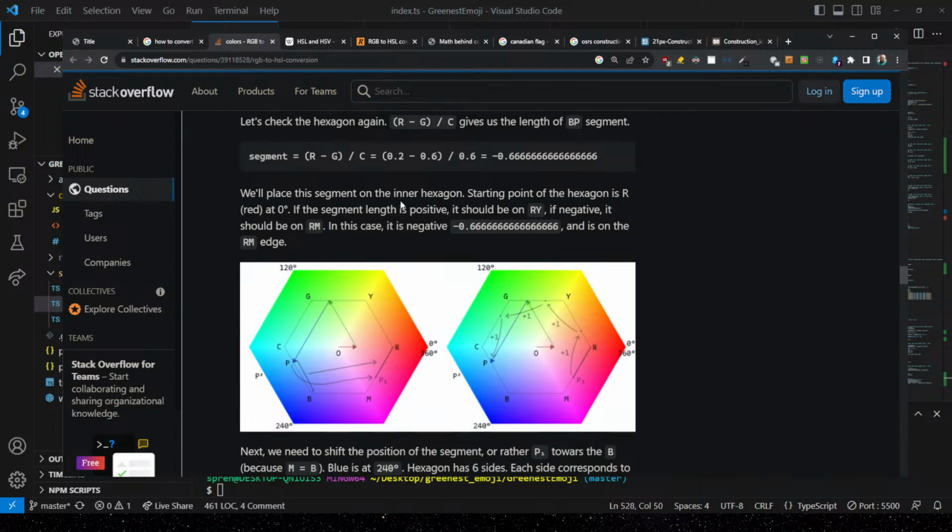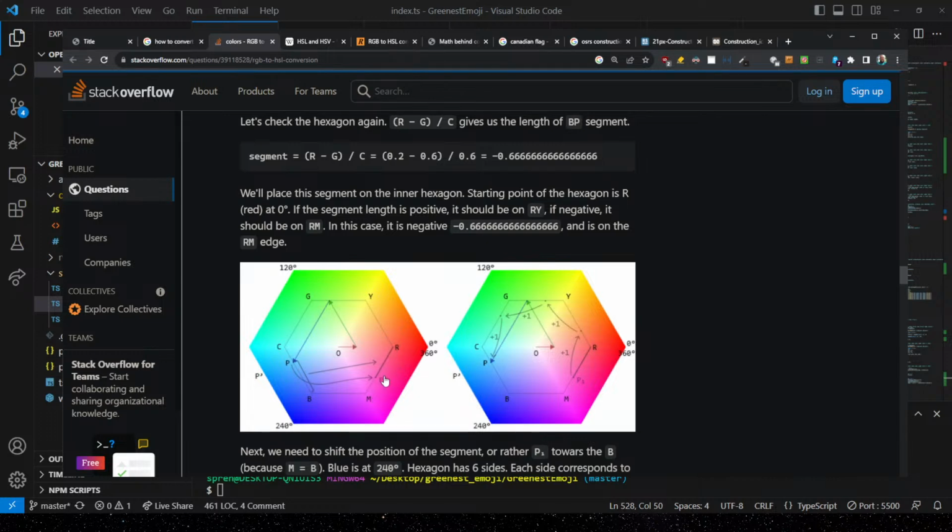We'll place this segment on the inner hexagon. Starting point, I really wish they had better grammar. Starting point of the hexagon is R at 0 degrees. If the segment length is positive, it should be on RY, which would be here. If negative, it should be on RM.